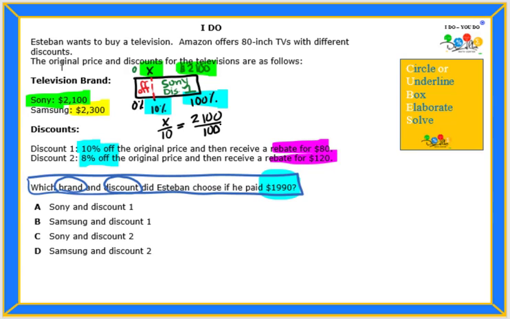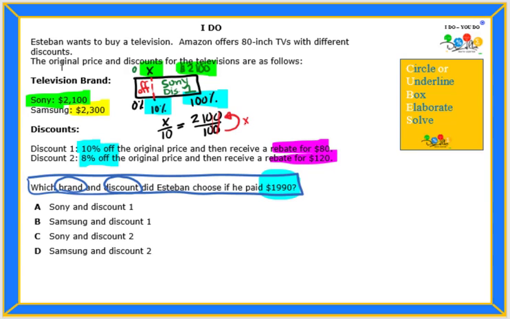You can choose one to help you solve for X. An easy one that I see is 100 times what gives us 2,100. If we divide both of them by 100, that would be 21.